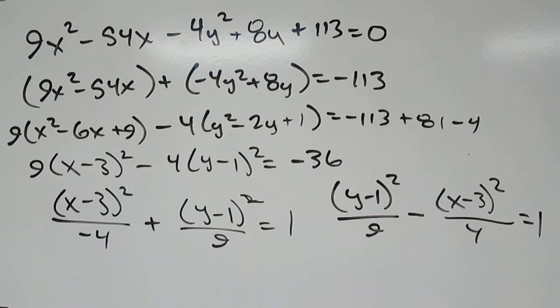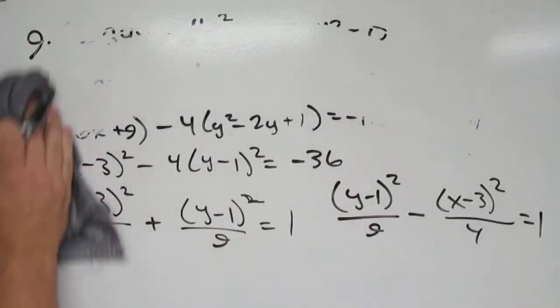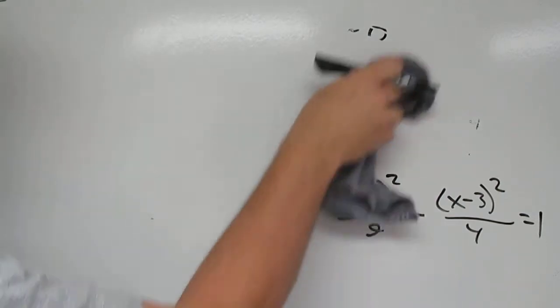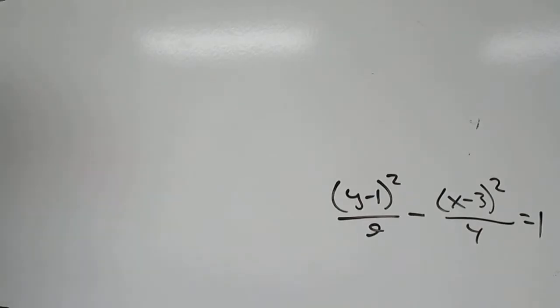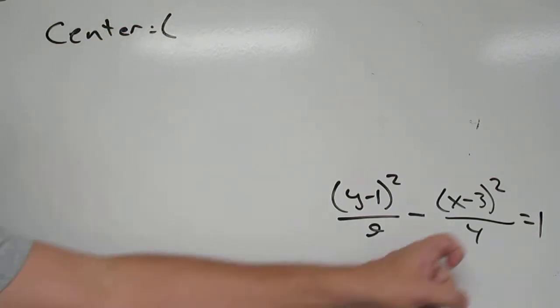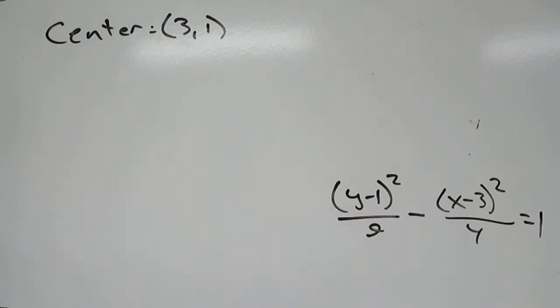Now, let's see what the graph's going to look like and get all the things. I'm going to erase this part, but we'll leave the equation down there. Where is the center? Well, the center, remember the x-coordinate always goes first, so I have to pull the 3 and the 1 out. What's A?